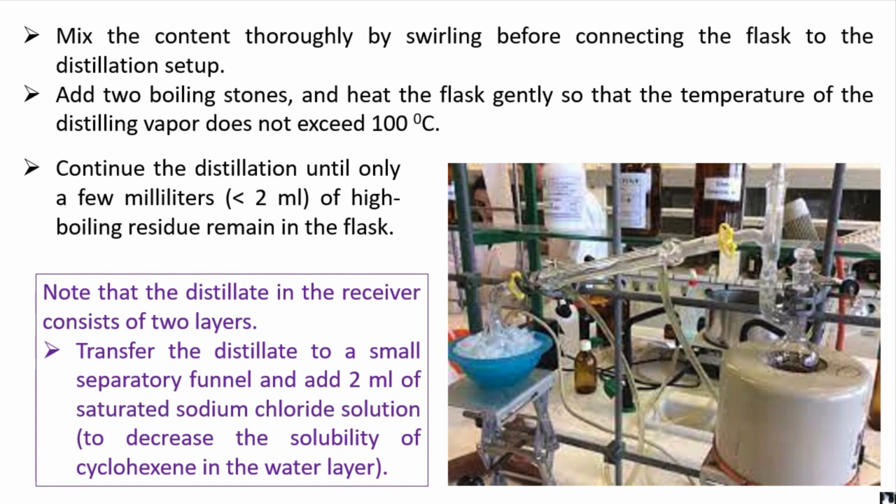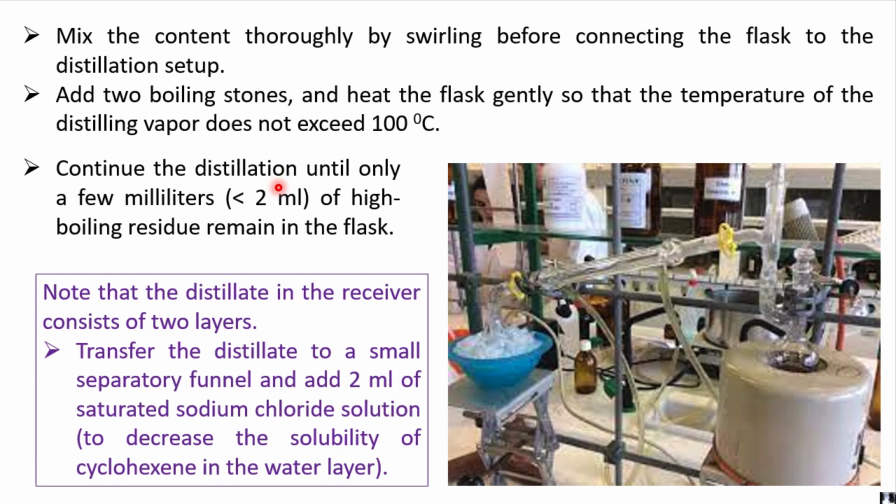So mix the contents thoroughly by swirling before connecting the flask to the distillation setup, and add a few boiling chips so that it will help with gentle heating. And then you are going to distill this for a while, and you have to know that you shouldn't distill to dryness.